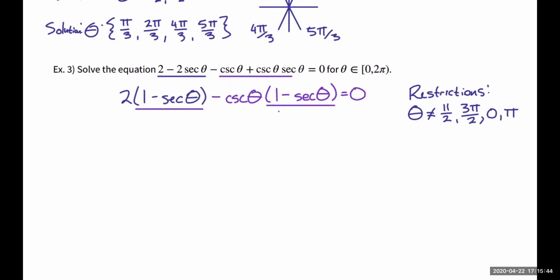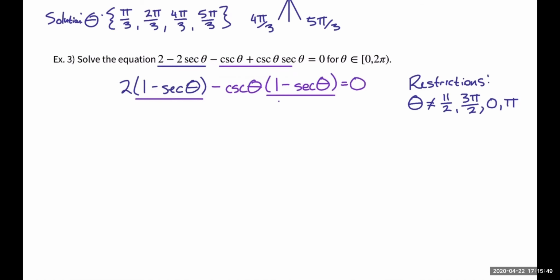That becomes our new greatest common factor. Let's go ahead and do that. Let's factor out the 1 minus secant theta. And then it's going to leave behind, from our first term, just a 2. And then from our second term, cosecant theta. And that's going to be equal to 0.